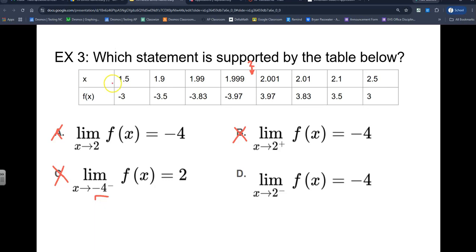But the last one, limit as x approaches 2 from the left, so 1.5, 1.9, 1.99, 1.999, what does it look like my y values are probably doing here? Could be supported that it approaches -4, right? Because you are at -3.97. Not a guarantee, but it does support. That's the answer.